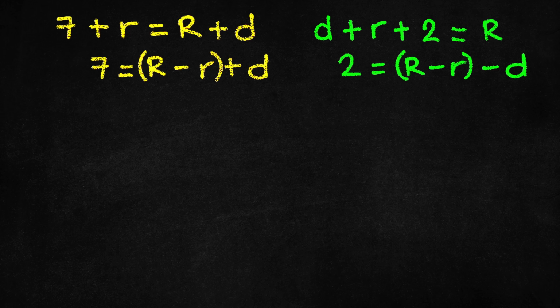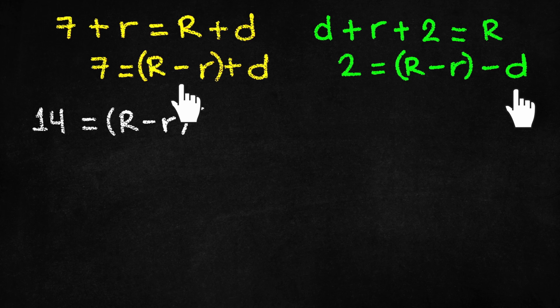The ultimate trick here is to multiply the equations. 7 times 2 is 14. And then, multiply the right side expressions like how we multiply binomials. Multiply all elements of one binomial to all the elements of the other. (R minus r) times itself is (R minus r) all squared.